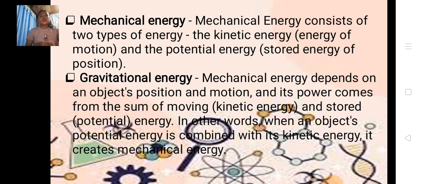So this is a potential energy. An object's potential energy is combined with kinetic energy and it creates mechanical energy. Mao na siya ang connection sa mechanical energy o gravitational energy.